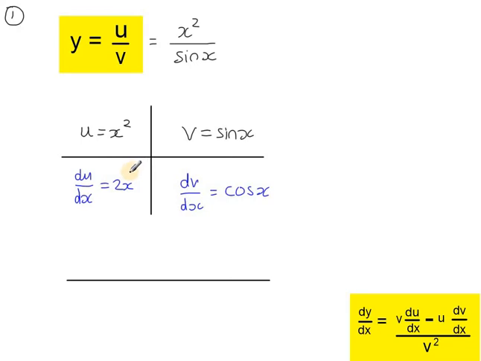The order matters in this. So you cross multiply this way, so we have 2x sine x, and then there's a minus, and then you cross multiply this way, x squared cos x, and we divide by v squared. Now v is sine x, so if we square this we get sine squared x.